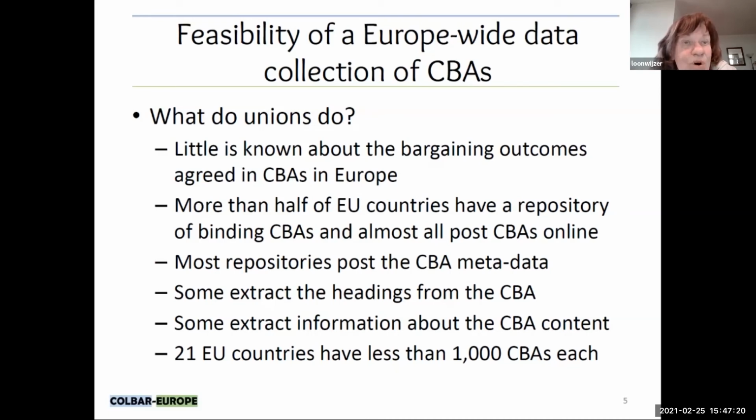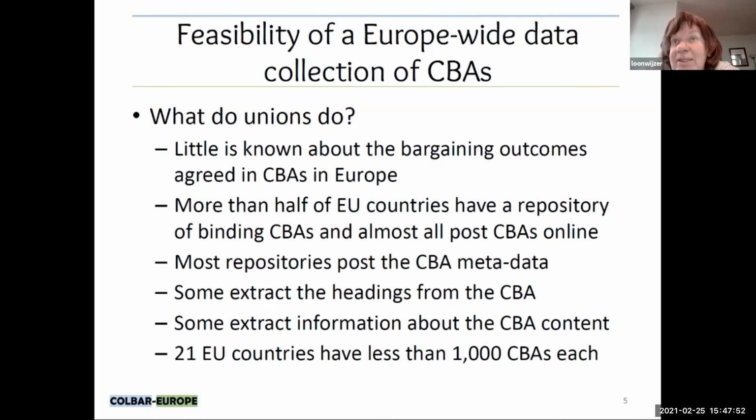More than half of the countries in the European Union have a repository of binding collective bargaining agreements. Almost all of them post these agreements online, either as full text or as a PDF, or some only present the metadata, so the name of the collective agreement and the signatory parties.